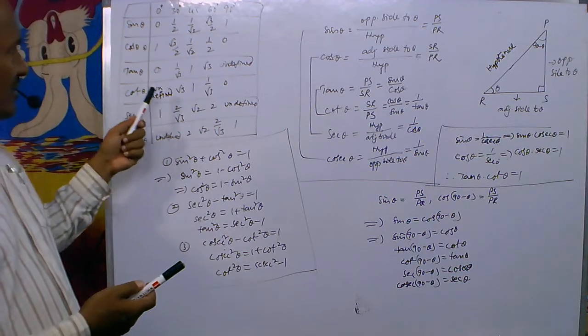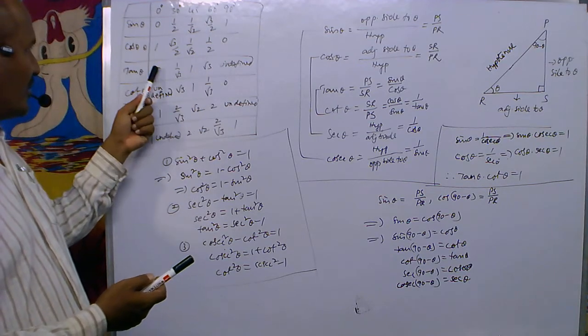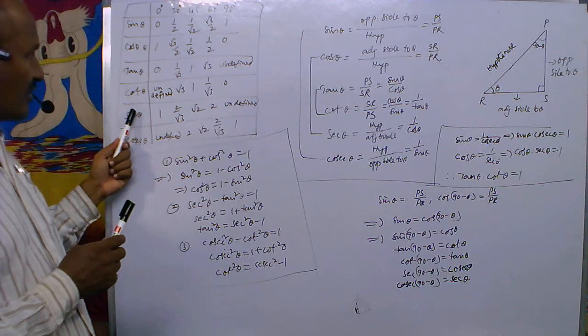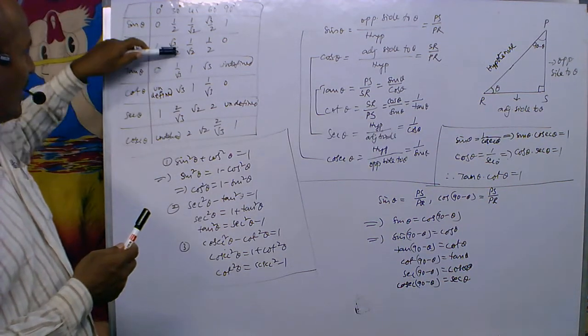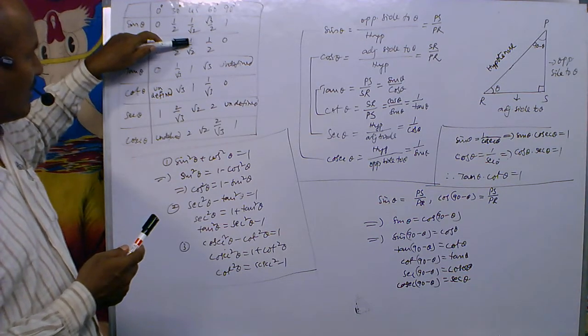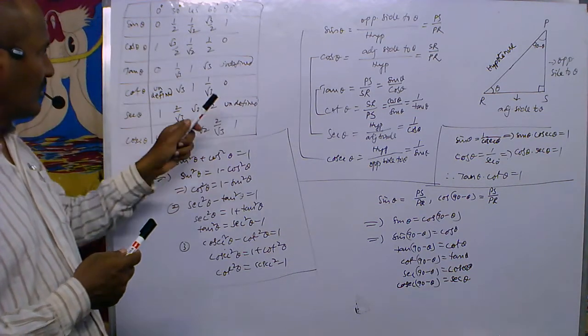Now cot theta is equal to reciprocals of this, or you take the tan values from 90 degrees to 0 degrees. Similarly, secant is equal to 1 by cos theta. 1 by 1 is equal to 1. Reciprocal of root 3 by 2 is 2 by root 3. Reciprocal of 1 by root 2 is root 2. Reciprocal of 1 by 2 is 2.